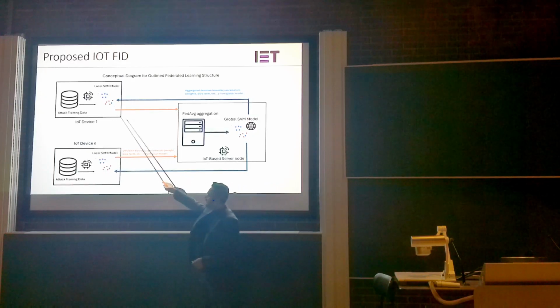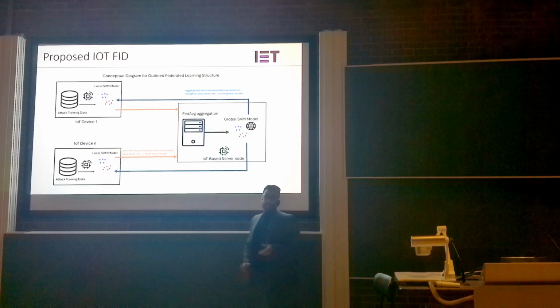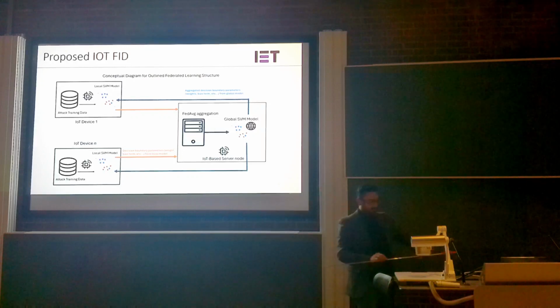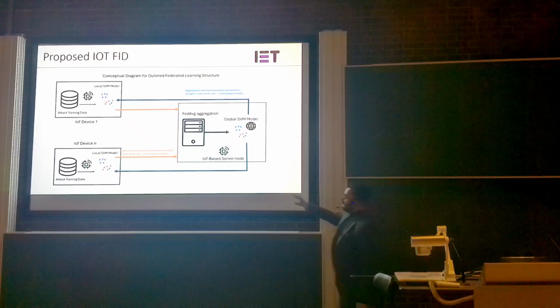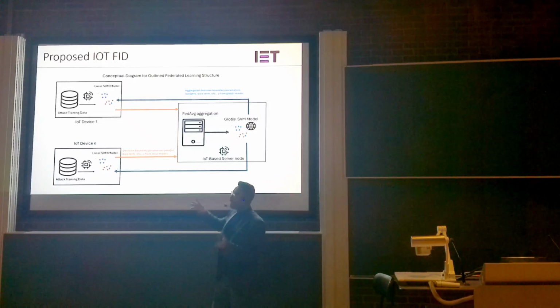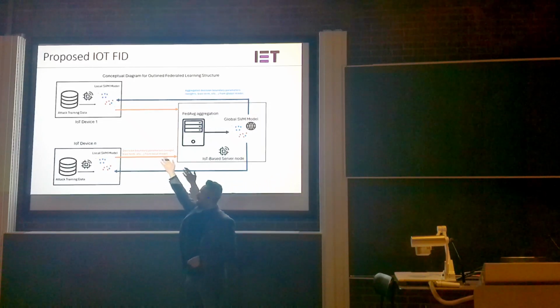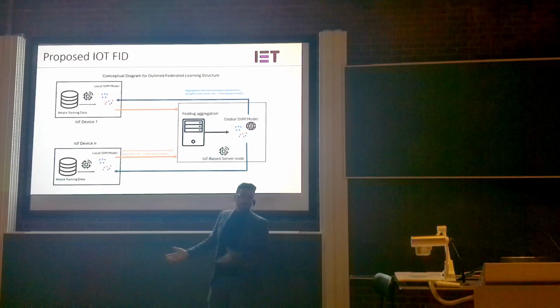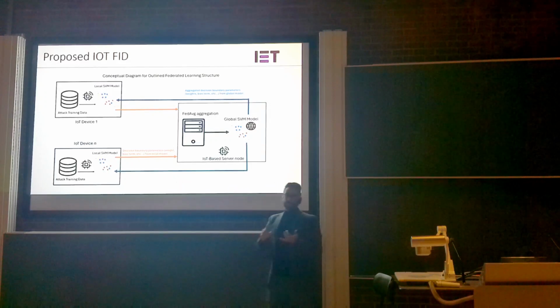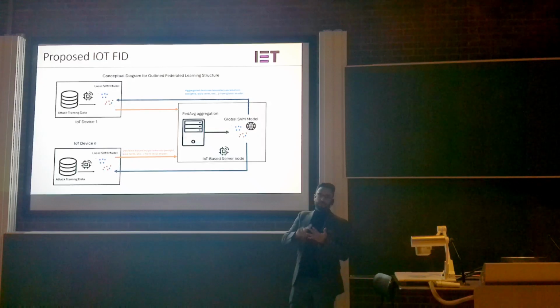Those IoT devices have been configured with SVM, support vector machine. The Flower framework in this scenario allows us to control the communication and how many IoT devices we need to set. In our experiment, we tried 1, 3, 5, and 10.